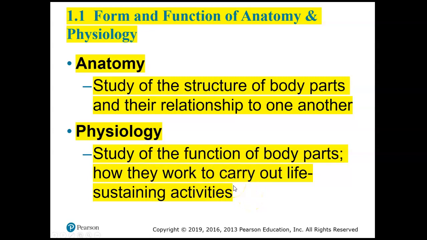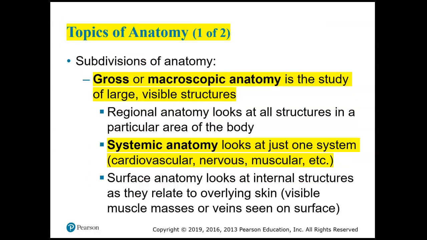And it's really hard to study one without the other because it's the structure that determines the function. The structure or the design of the body part determines its function or how it works together with other body parts. So anatomy and physiology, anatomy is structure, physiology is function.